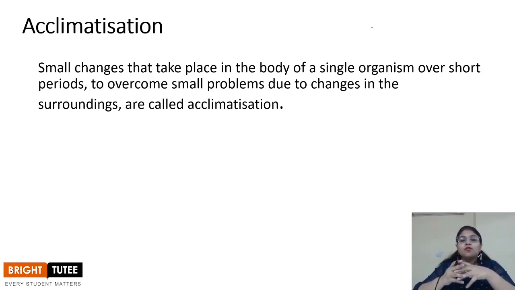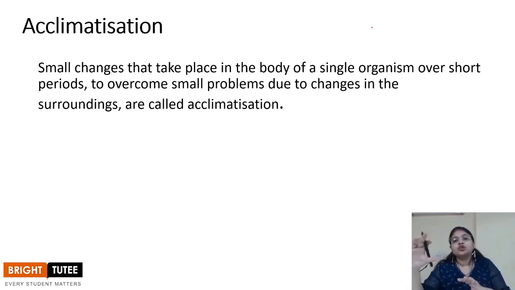This process is called acclimatization. That means whenever you reach a new environment, certain small changes take place in the body of a single organism that help that organism to live in that area. Say for example, if you go to Rajasthan, because of the hot temperature you will pass little, concentrated urine.